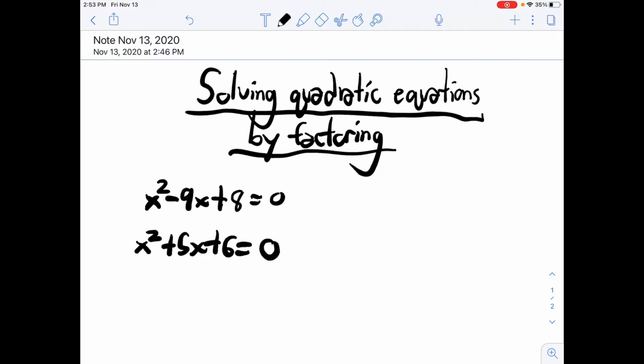So quadratic means second degree term. So a quadratic equation is an equation with a variable having a degree of 2 and no other term with a variable with a higher exponent on it. Okay, so now we know what a quadratic equation is.